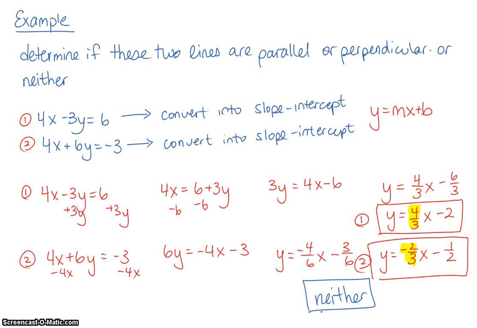The two slopes aren't the same, they're not negative reciprocals of each other. That's it. The y-intercepts really don't come into play. So there's no need to look at those in terms of determining whether they're parallel or perpendicular. It's just where it's hitting on the y-axis. It doesn't actually determine whether they're parallel or perpendicular.